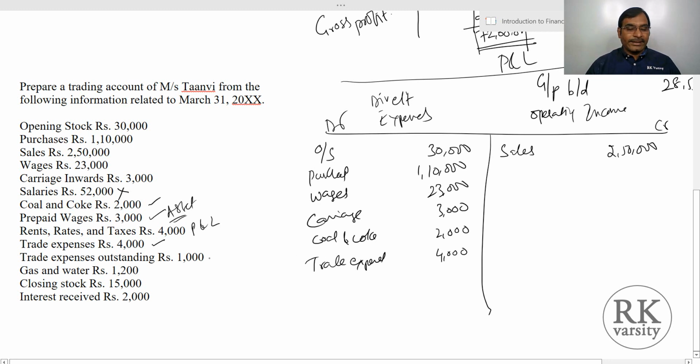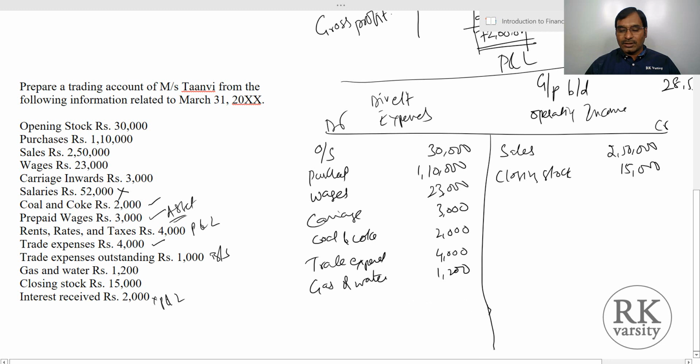Then outstanding trade expenses, this is an amount which is due, which we show in the balance sheet, not here. Then gas and water, this is a direct expenditure, so we'll show it here. Then closing stock, we'll show the closing stock as 15,000. Then interest received is other income, so we'll not show it here, we'll show this in the profit and loss account. So we made all the entries.